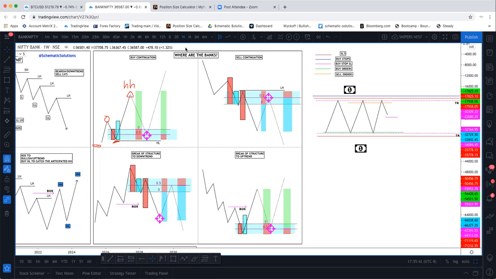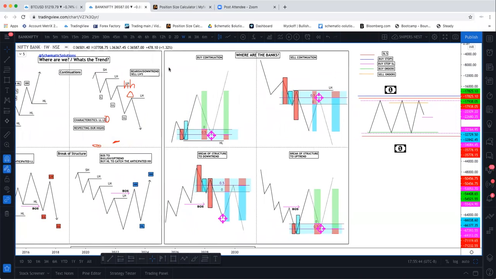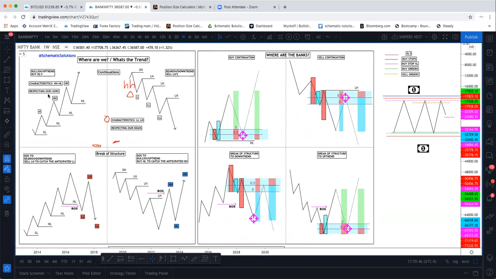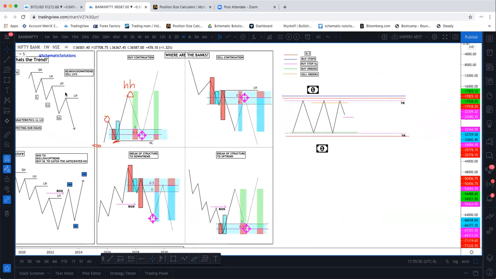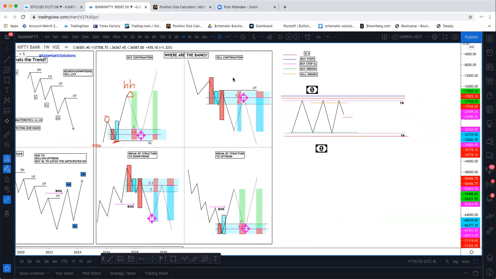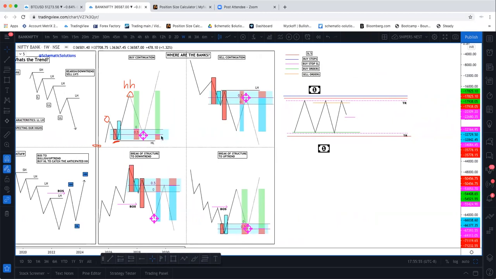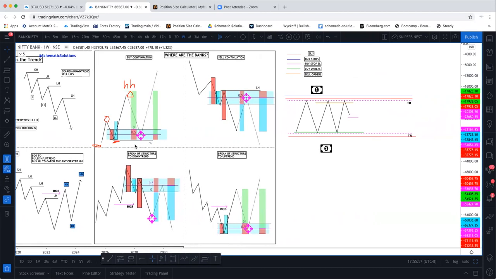For an uptrend, the most important thing is for price to respect our lows. So if this is an uptrend, we would expect price to 100% not break underneath this low. And if it does, we're no longer in an uptrend.